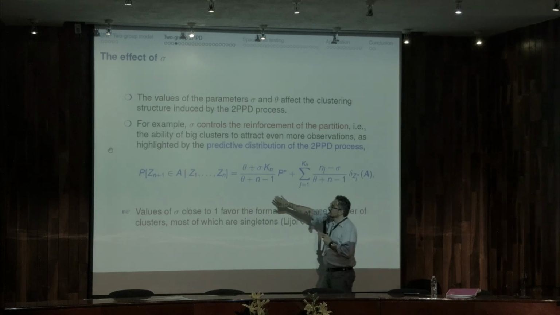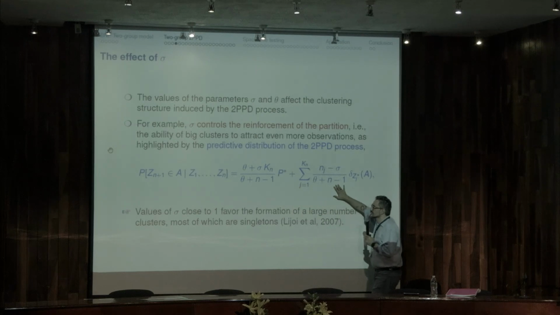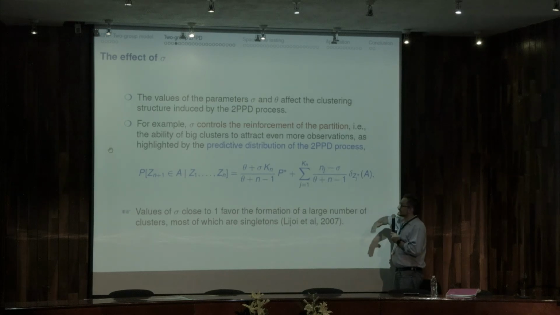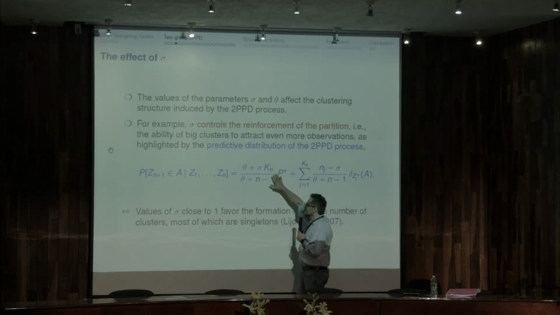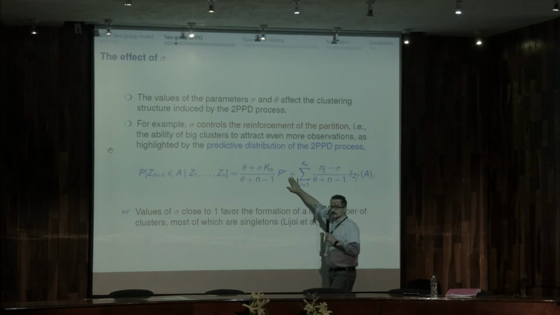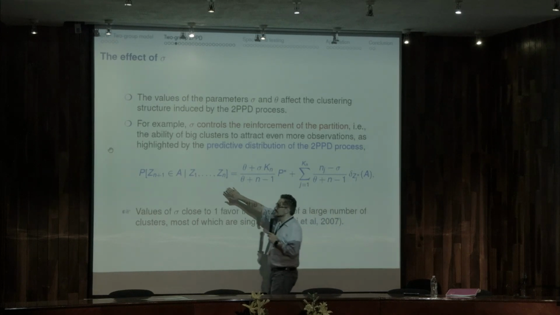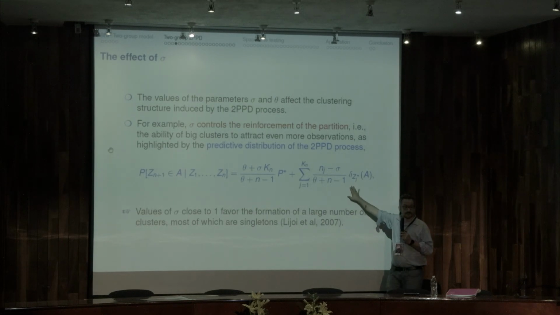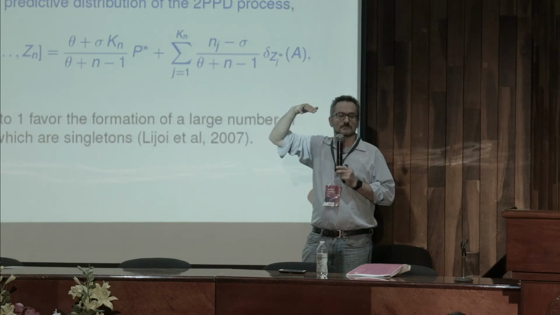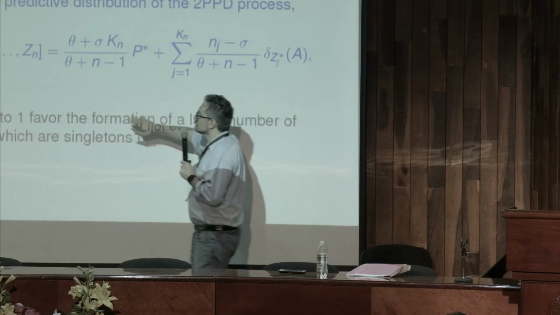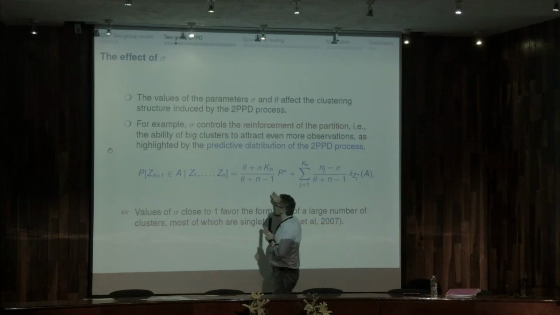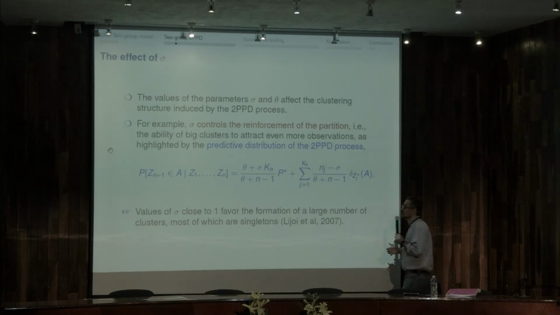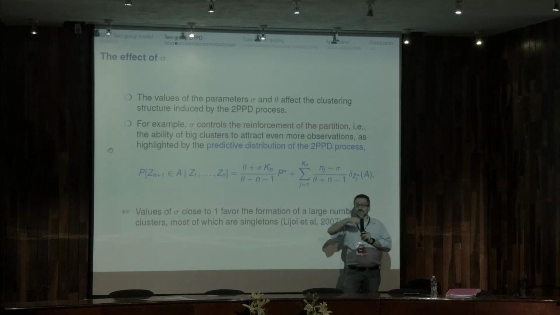You can see from this predictive distribution that if sigma increases, if sigma gets closer to 1, it's more likely to get an observation from P star instead of samples that coincide with one of the previously observed samples. Can you hear me well? Perfect. So, in other words, values of sigma which are close to 1 are going to favor a large number of clusters, and many of these clusters will be singletons, because they will be extracted from P star.